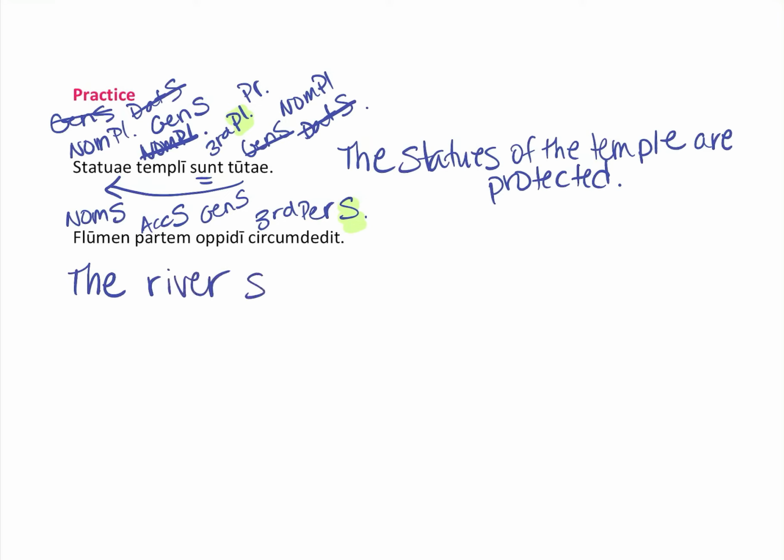What did the river do? Surrounded. What did it surround? Part. You could also say a part. It's fine. It's the accusative. It's the victim of being surrounded. A part. And then we've got genitive. So we need to put an "of the" in front. A part of the town. That's it. Process of elimination.